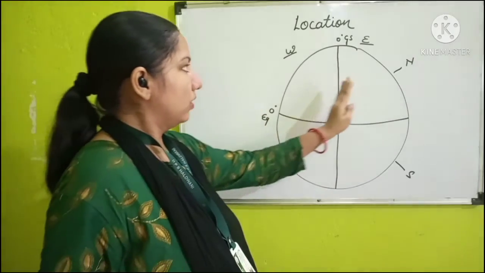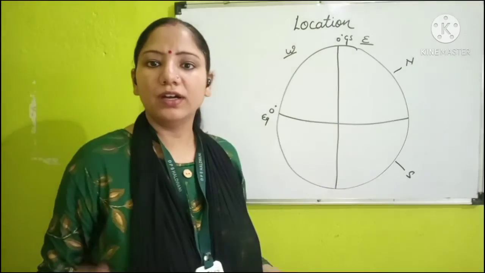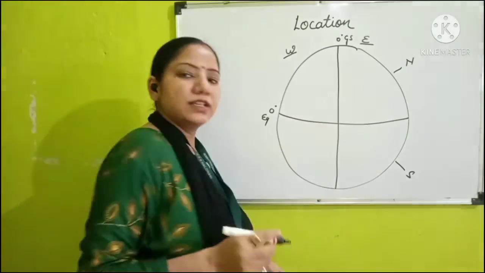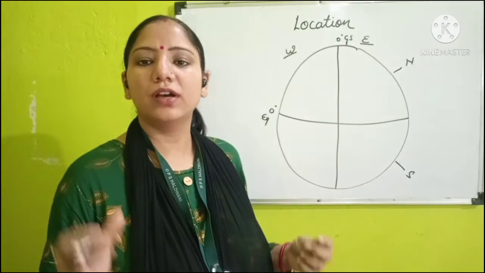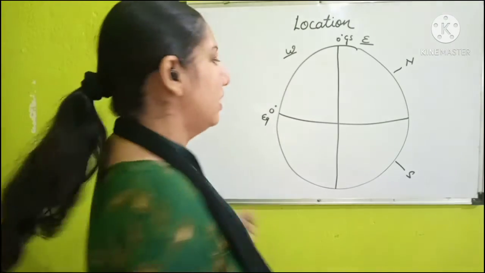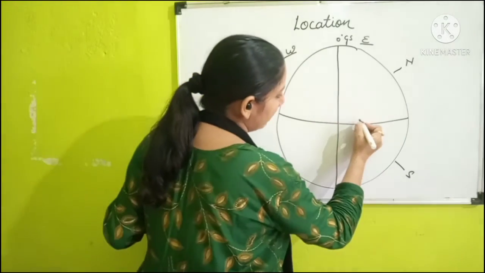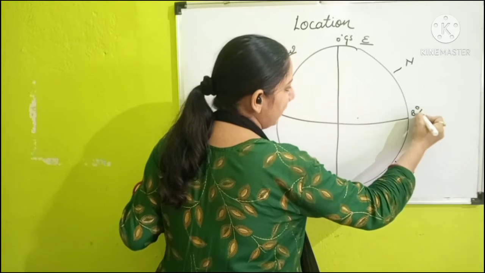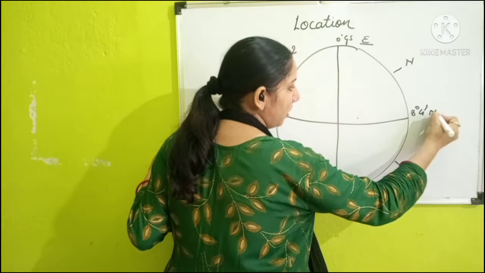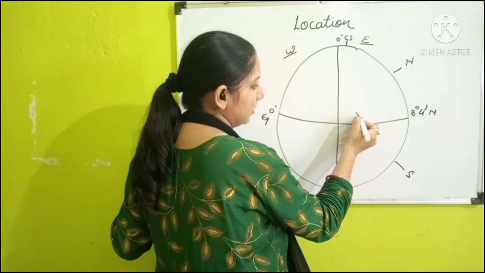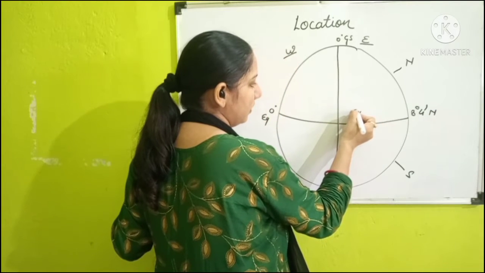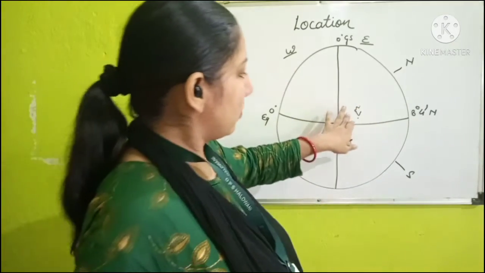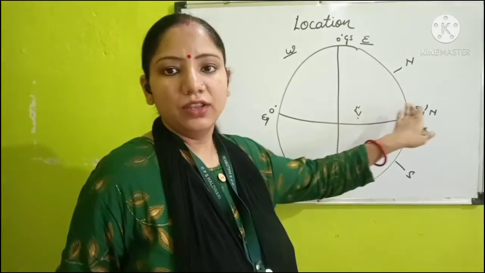If we go to the part of the earth where our country is situated, in the 9th class also you have studied the size and location of our country. Here we know that somewhere around 8 degree 4 minute north our country is situated. Around here our country is situated. So that is the location of our country in the northern hemisphere.